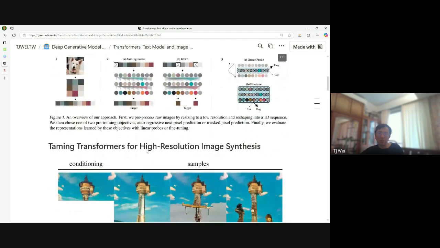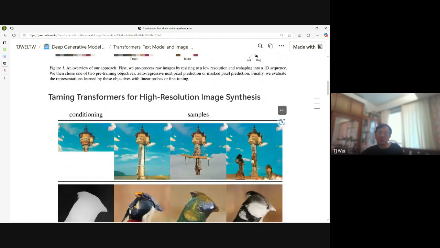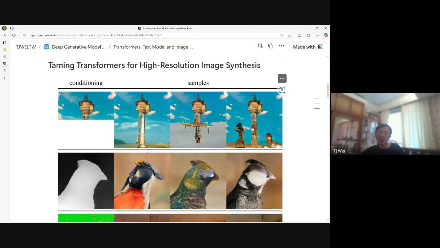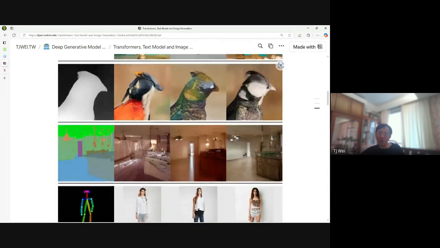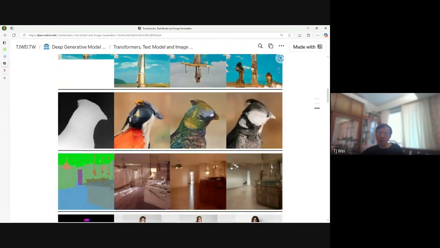It is called image GPT. Another interesting one is the taming transformer for high resolution image synthesis. It can be considered as a predecessor of the stable diffusion. It can generate pretty good results.